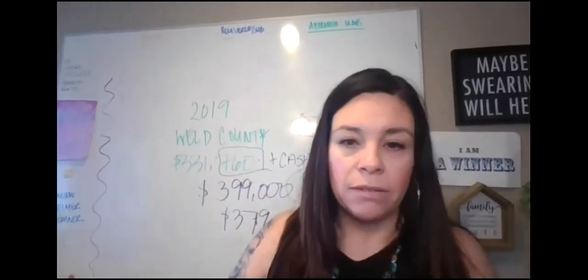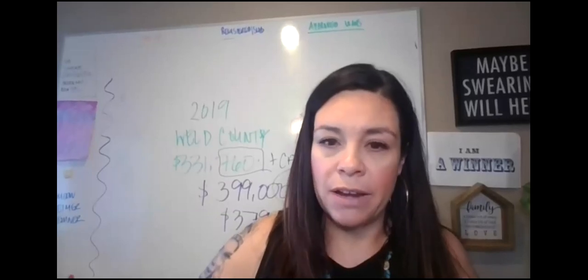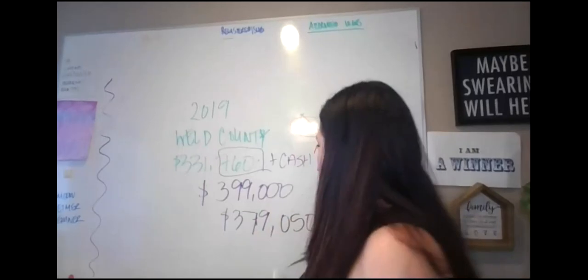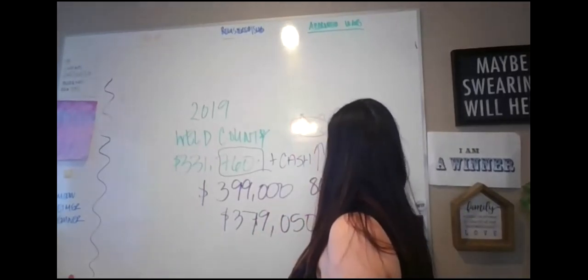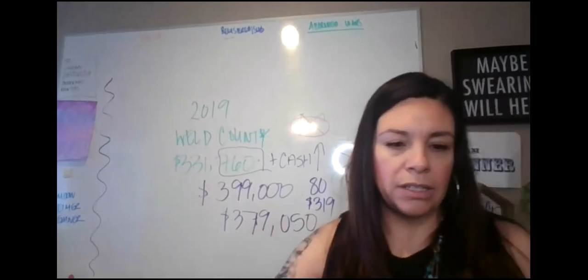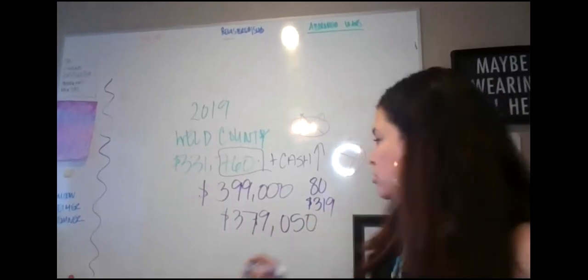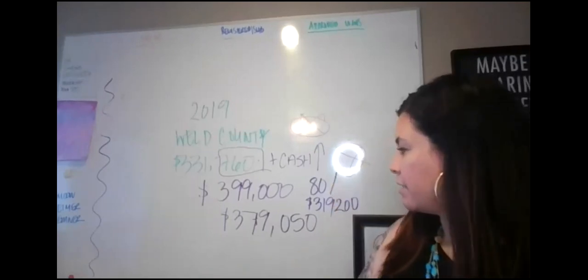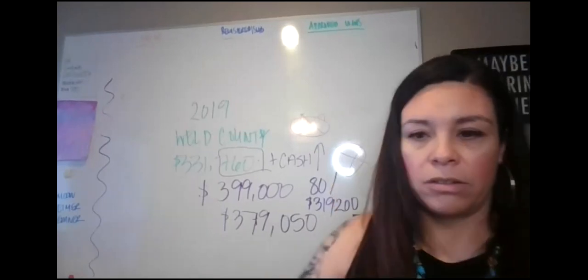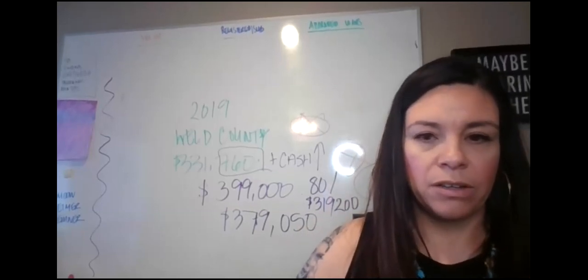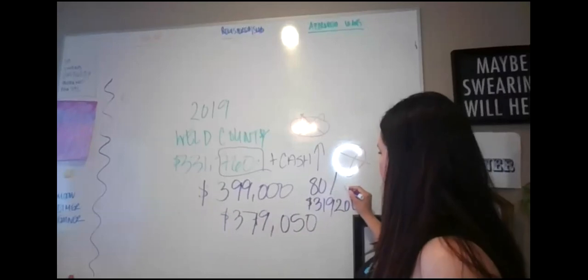do an 80, let's see, what would this be? So $399 times 80 would be $319,200. And then I would need to get 319 minus 379, so I need to get a 60,000 second.